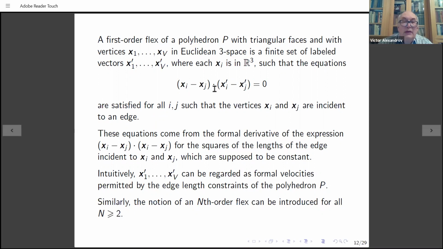And dot here stands for the dot product of two vectors, the scalar product.